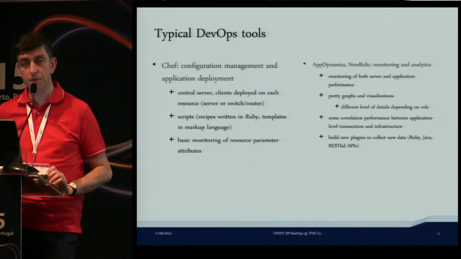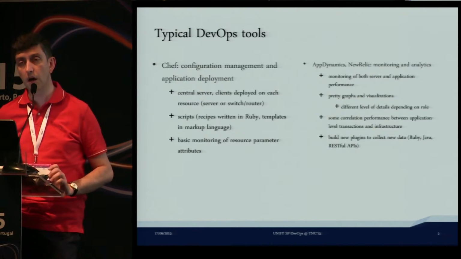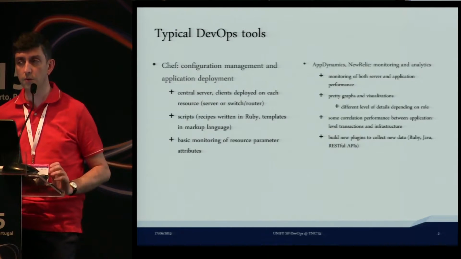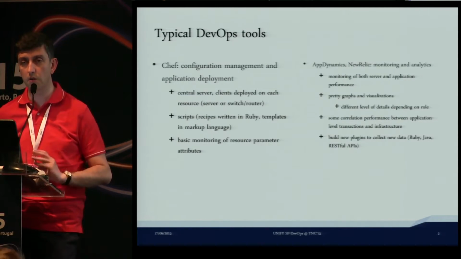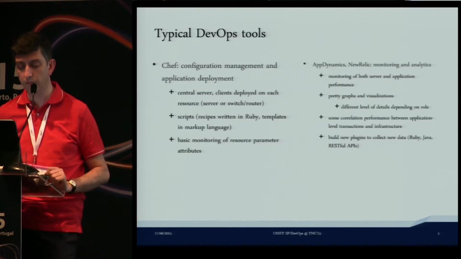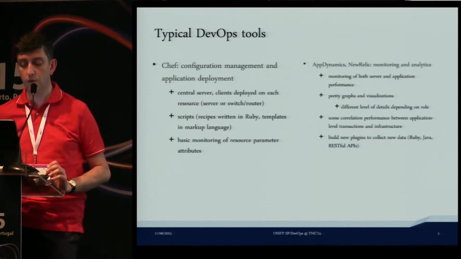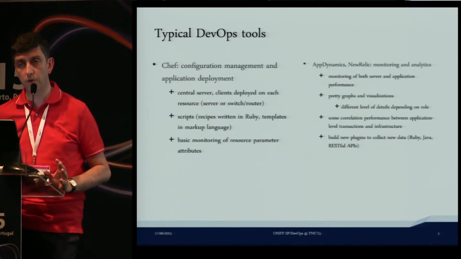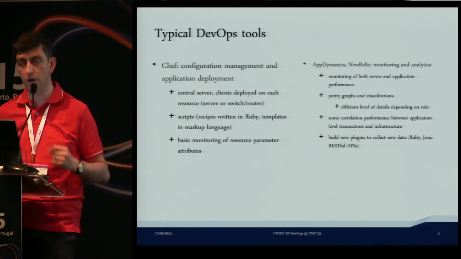A lot of scripts can be produced in order to automate tasks, and they are written in languages which are very familiar to the people that do both development and operations of networks, such as Ruby. It also allows for basic monitoring of resource parameter attributes in addition to simply configuring resources.